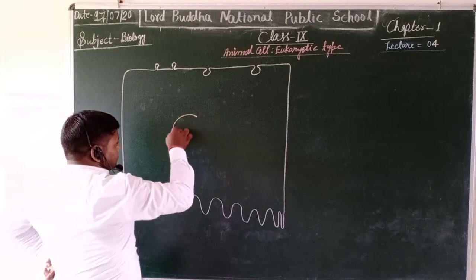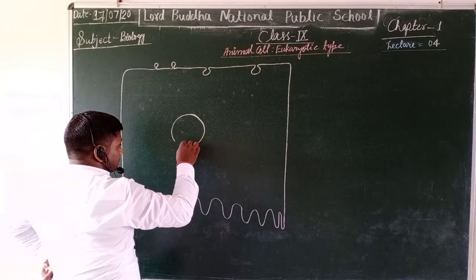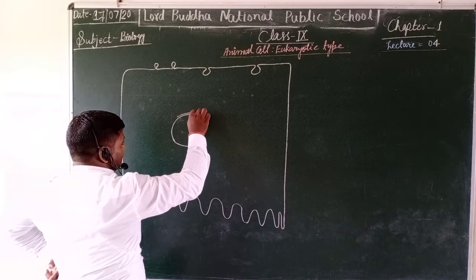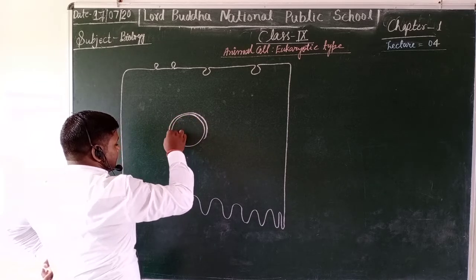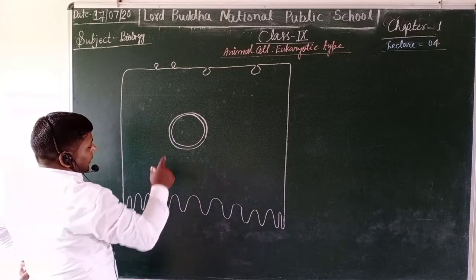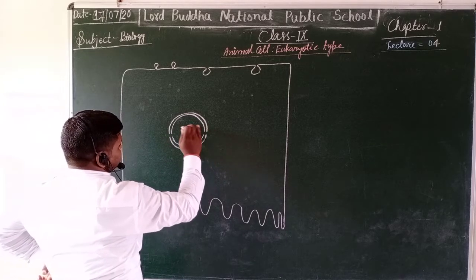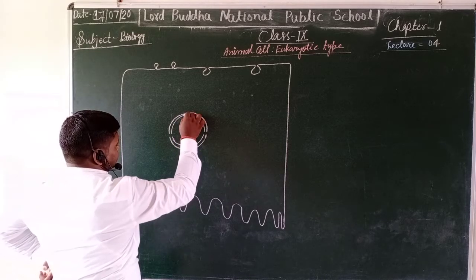Now, we drew the double unit membrane bounded structure, which represents the most peculiar feature of a eukaryotic cell, the nuclear membrane.